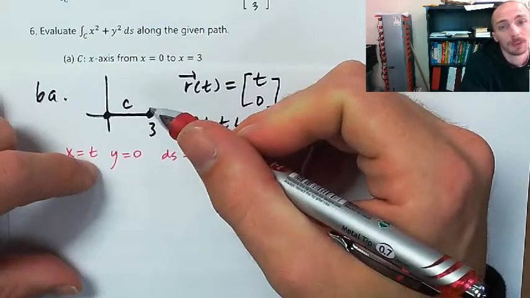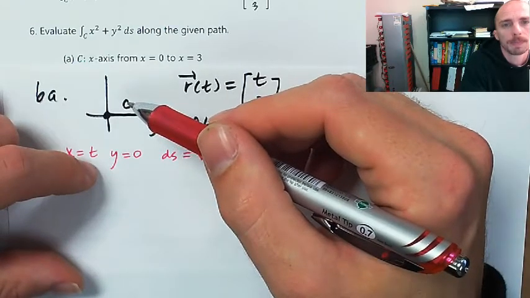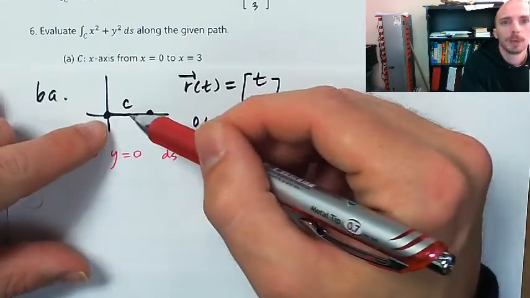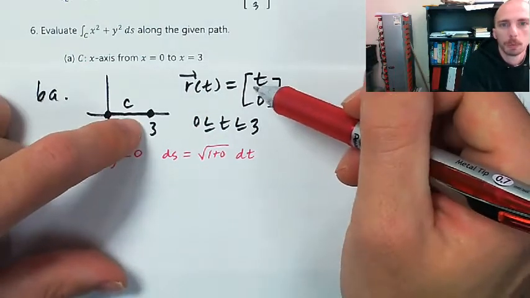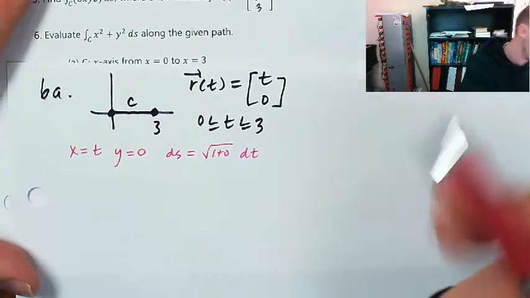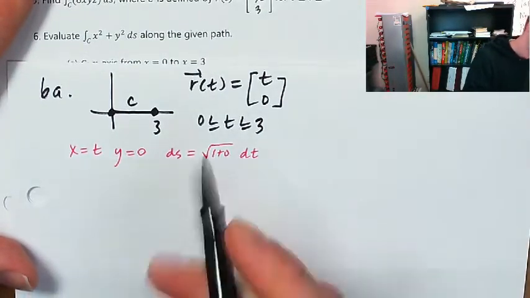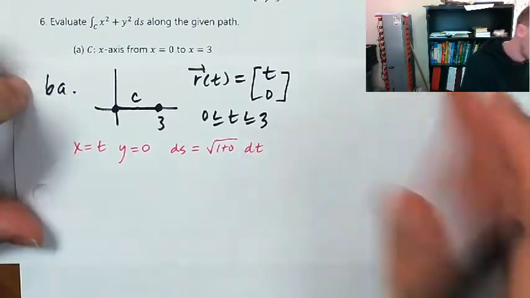And really what this is, it's like a regular integral where we're integrating over the x-axis. And since the line that we're integrating over doesn't have any curvature at all and it's parameterized very straightforwardly, you're not going to have that factor for your ds. Maybe that'll become more apparent as you work more of these.